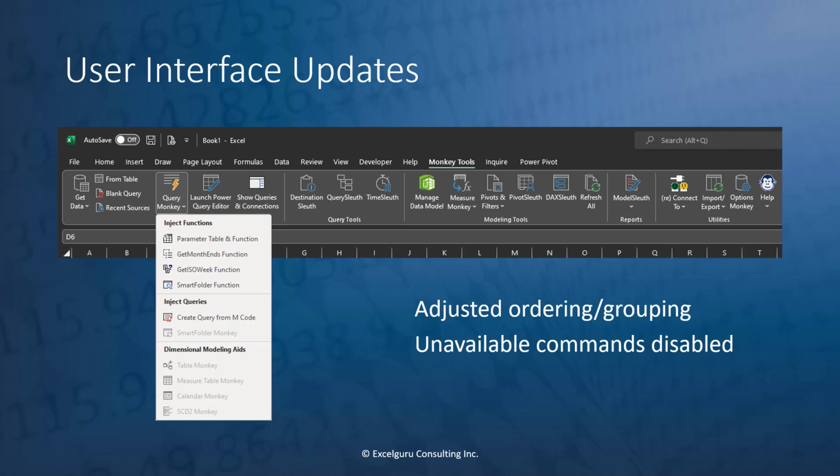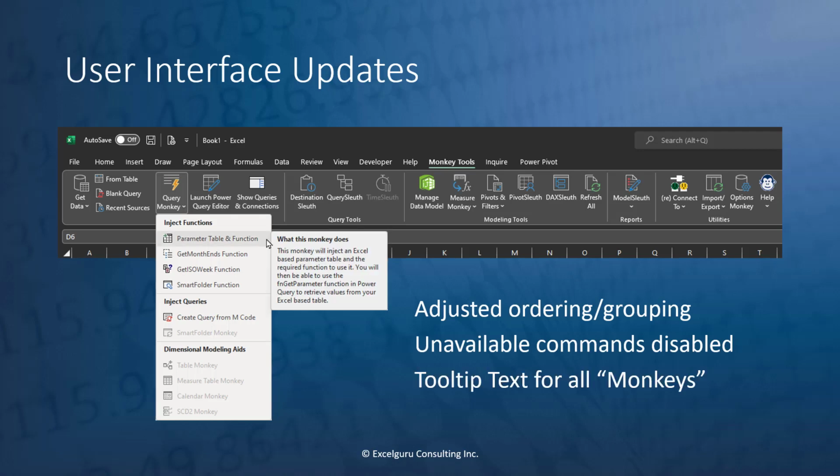On the other hand, I do want our users who don't have access to these to know what they do. And maybe I might convince them that, hey, maybe SCD2 Monkey, what the heck is that all about? Maybe it's worth upgrading to a pro license. So what we've also done is for every single monkey in the entire product, which is basically every command that's not a Microsoft command, I have now added custom tooltip text to explain what the monkey does.